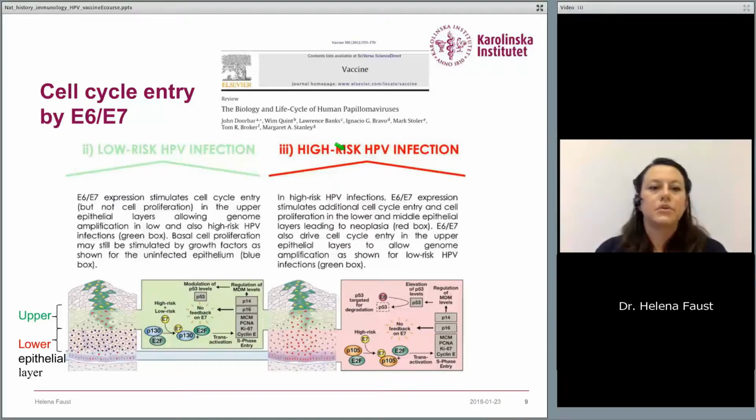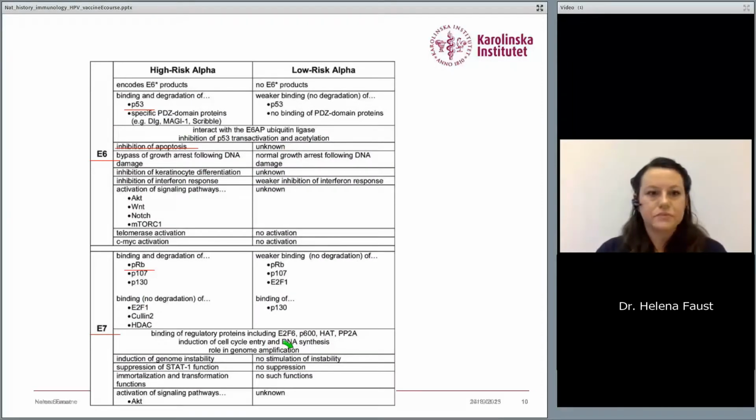There are some differences between low-risk HPV infection and high-risk HPV infection here. While in low-risk infection this dividing of the cell starts a little higher in the epithelial layers, in high-risk HPV infection it happens in both upper and lower layers.